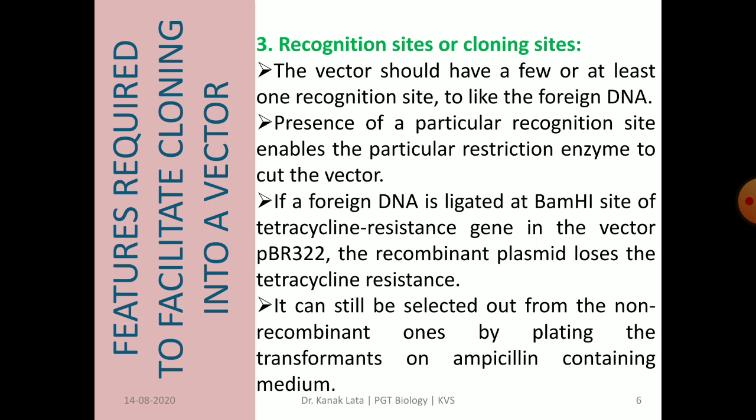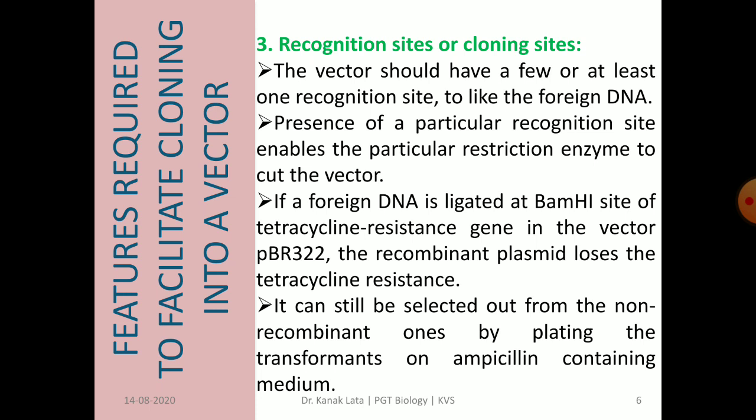The name of the vector is pBR322. Here p stands for plasmid, B stands for the scientist Bolivar, and R stands for the scientist Rodriguez. The insertion of foreign DNA at this site results in the loss of the tetracycline resistance gene.